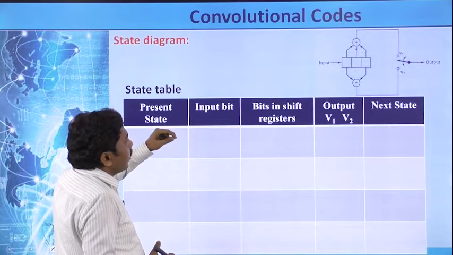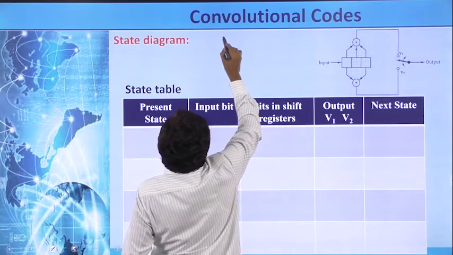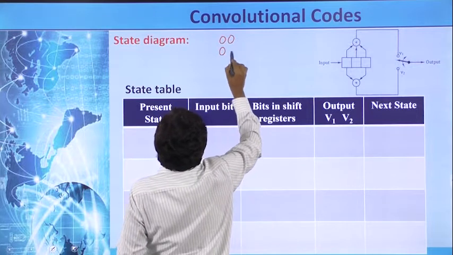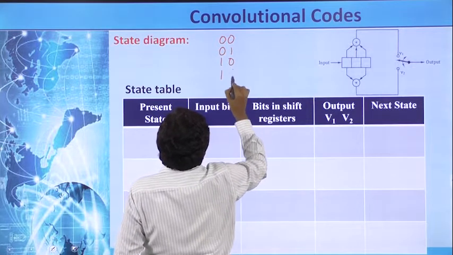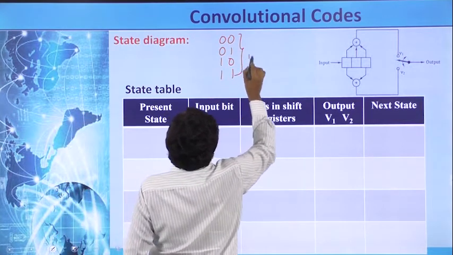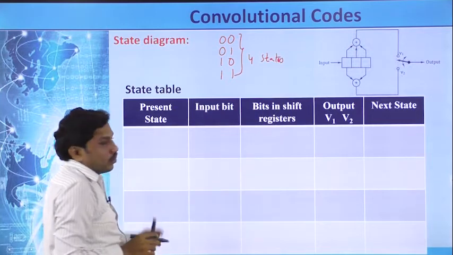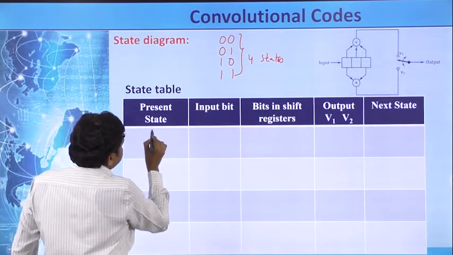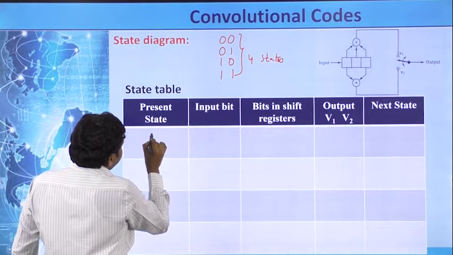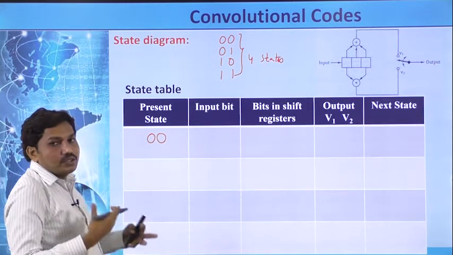How many states are there? 4: 00, 01, 10, 11. So these are the 4 states. Present state, I am assuming the present state is 00.